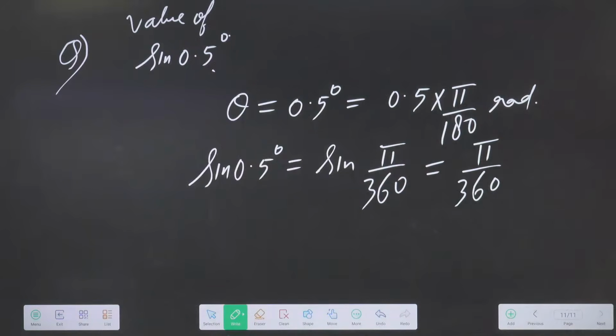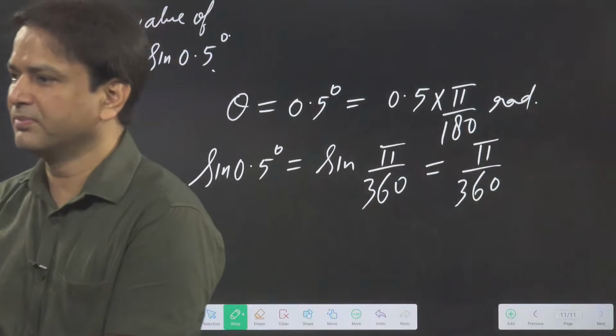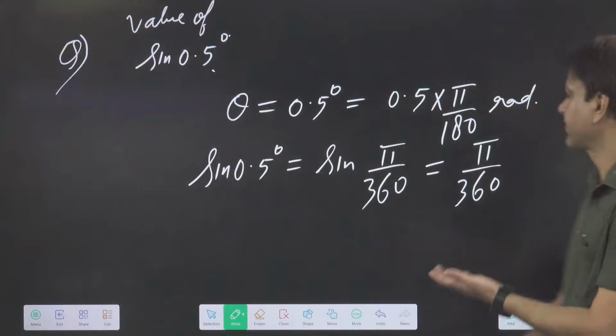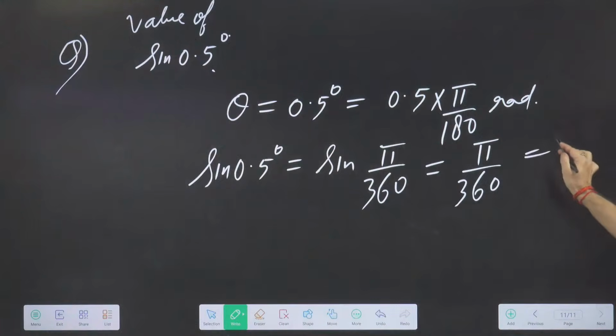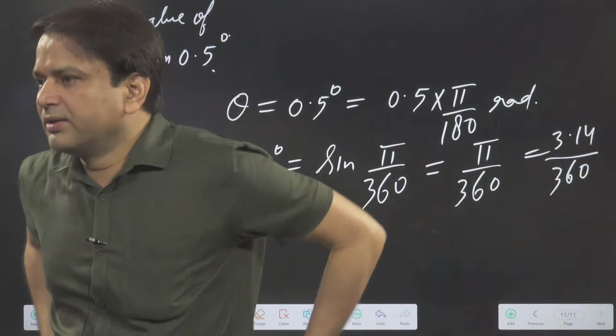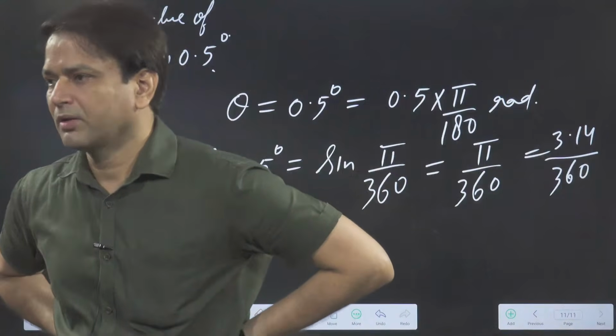You can check in the trigonometric table; approximately that value will be the same. So what is the answer? Pi by 360. Pi is 3.14, so 3.14 by 360. After solving, you will get the value of sine 0.5. Everybody got it?